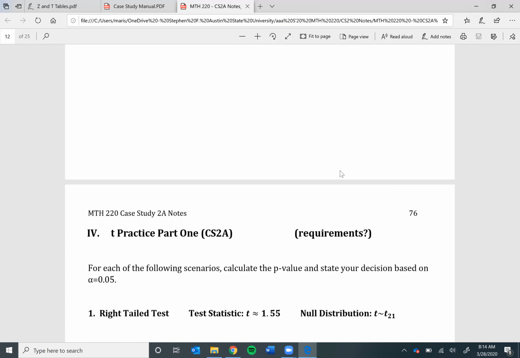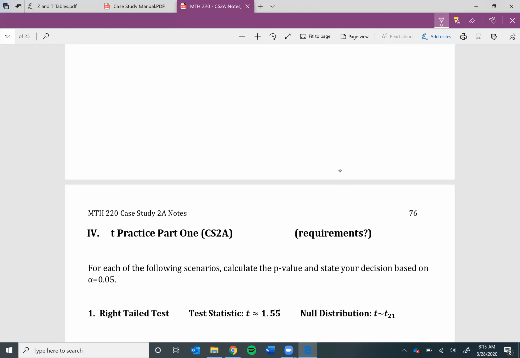This is a right-tailed test. What does that mean? It means we have the greater than sign in Ha. The test statistic is 1.55. You're not calculating t. I'm not giving you X bar, S, and the sample size.